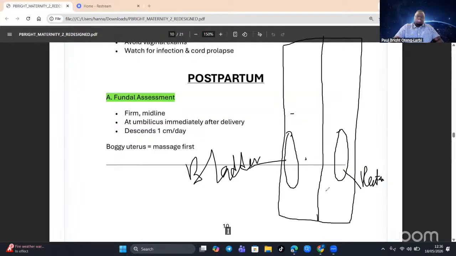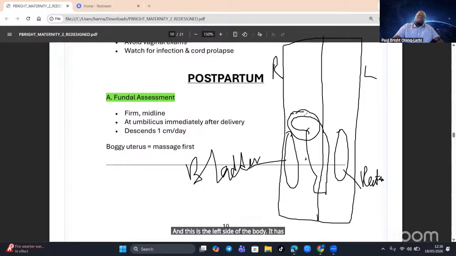I will draw the uterus. This is the mouth. This is the body. The head part of the uterus has moved away. This is the right side, and this is the left side of the body. It has moved away from the center of the body. It is no more midline.